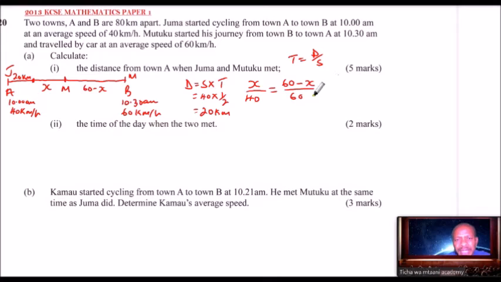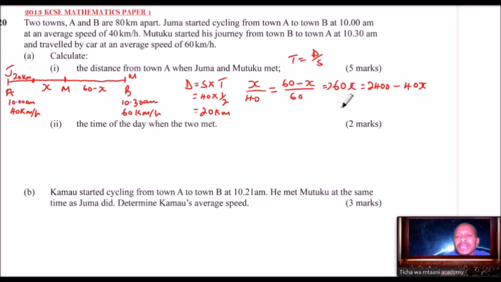So here you cross multiply. This implies that 60 multiplied by x gives 60x, is equal to 40 multiplied by (60 minus x), that will give you 2,400 minus 40x.